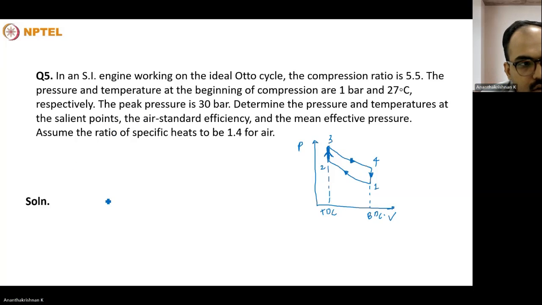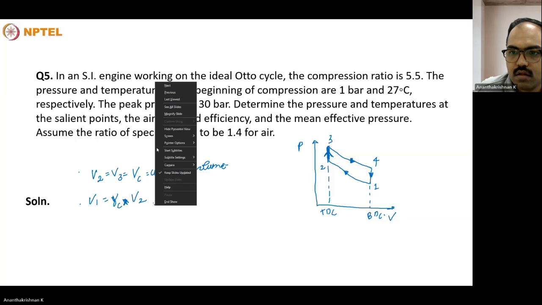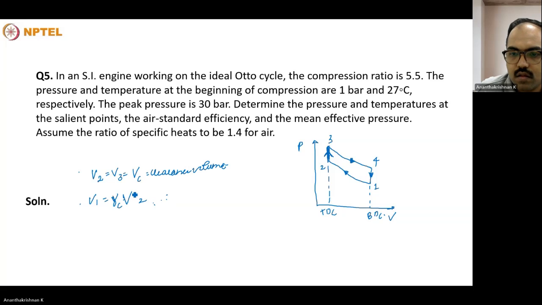We know the volume at 2 and the volume at 3 are equal to the clearance volume, and the volume at 1 is equal to the compression ratio times the volume at 2, that is RC times VC.